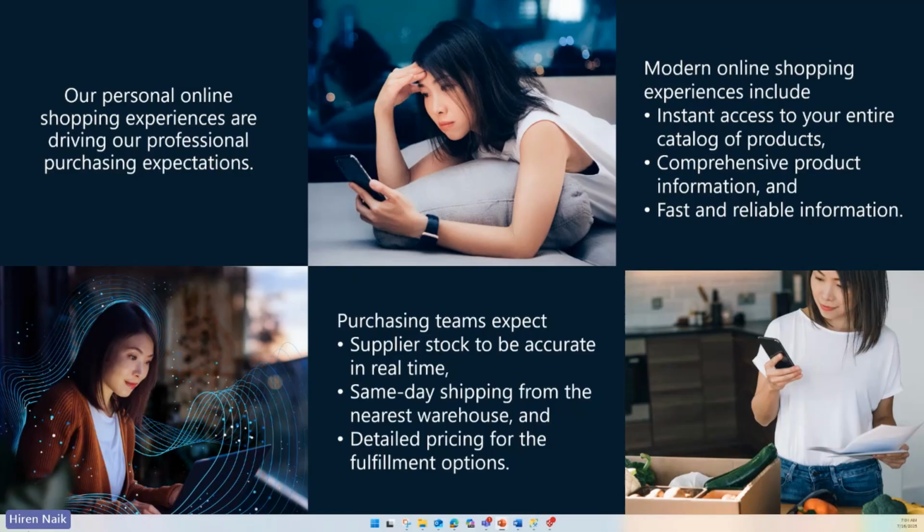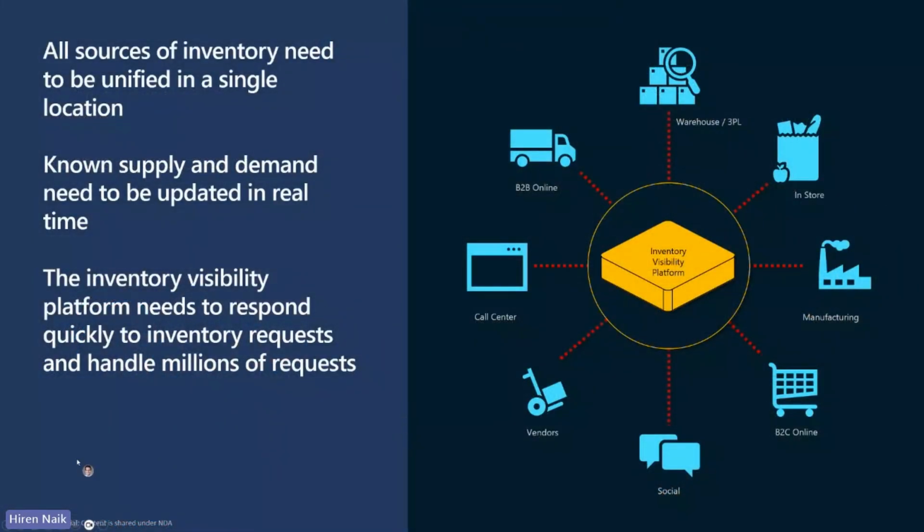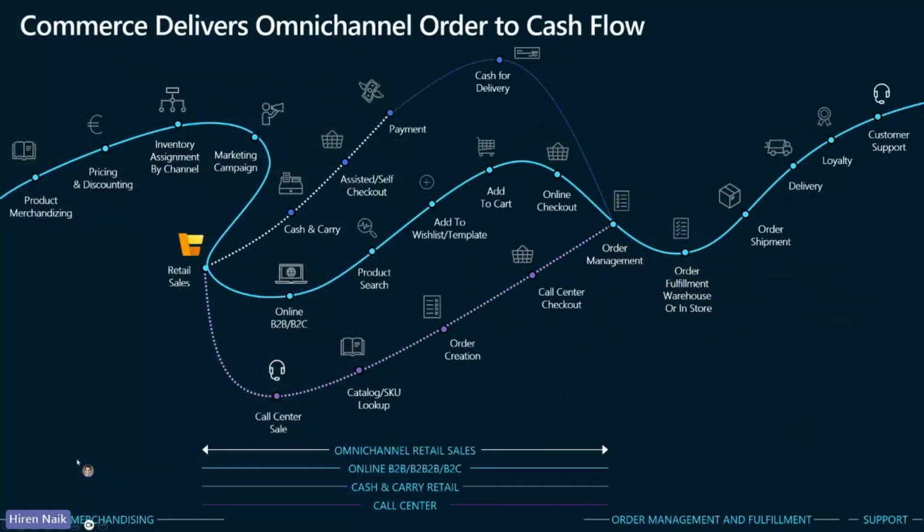So let's break this down to what that means for everyone in the supply chain. The expectation of immediate access to, sorry, I skipped the slide. The expectation of immediate access to information is focused on two areas: product information and inventory visibility.